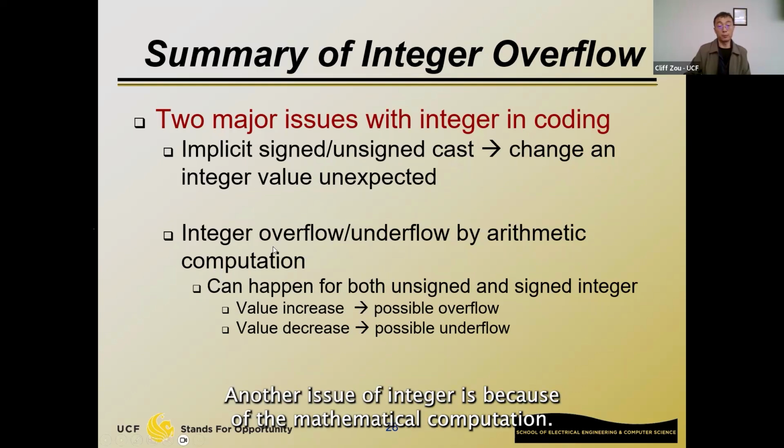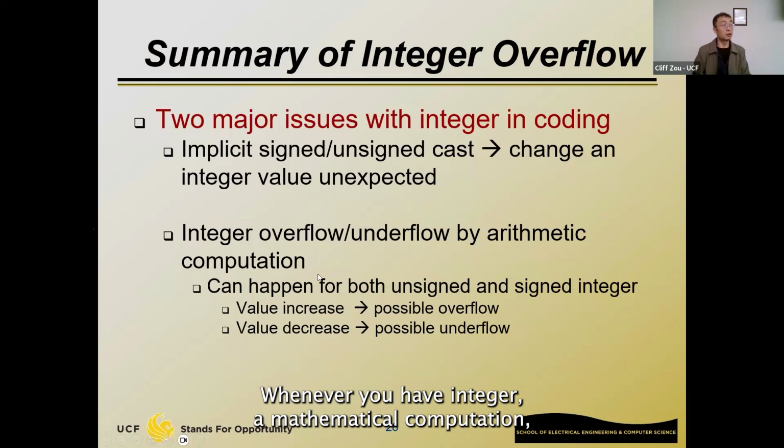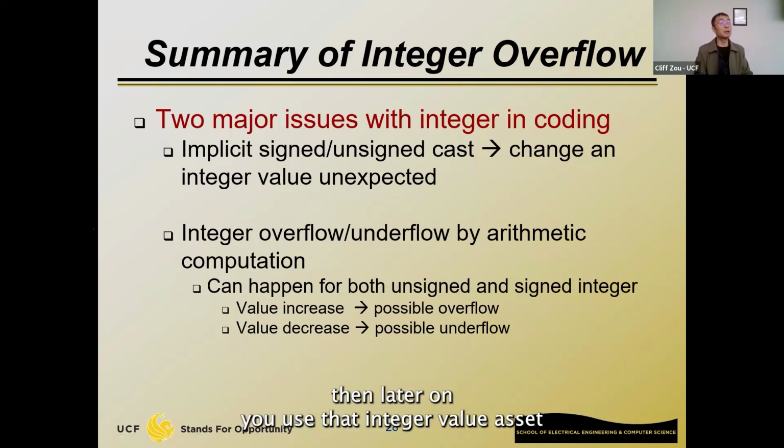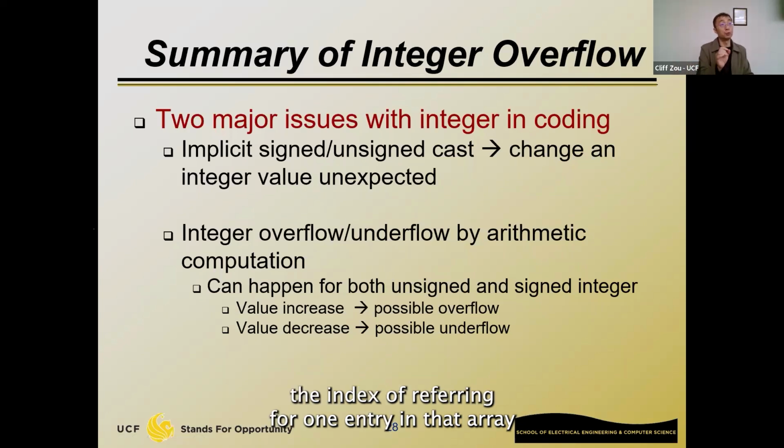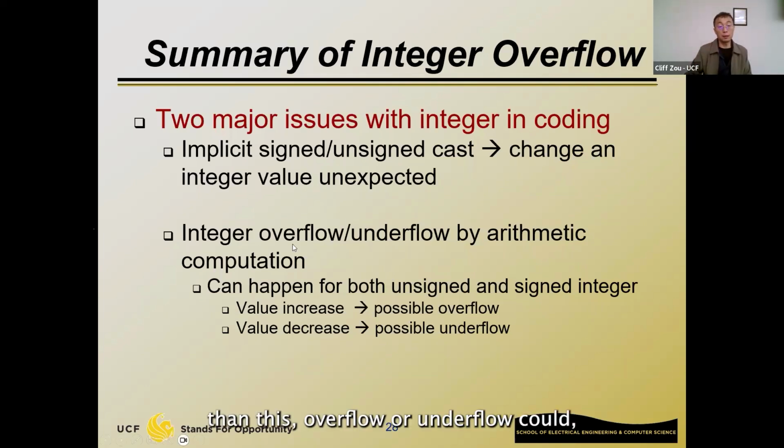Another issue of the integer is because of the mathematical computation. Whenever you have integer mathematical computation, and later on you use that integer value as the index of an array, either as the size of the array or as the index for referring to one entry in that array, then this overflow or underflow could drastically change the value that you want it to be.